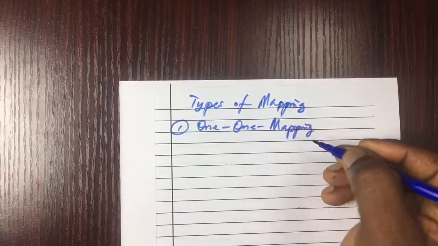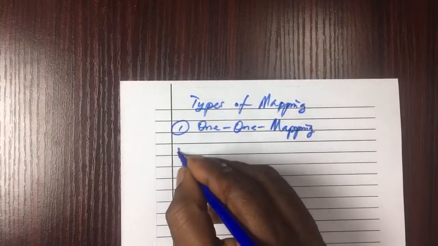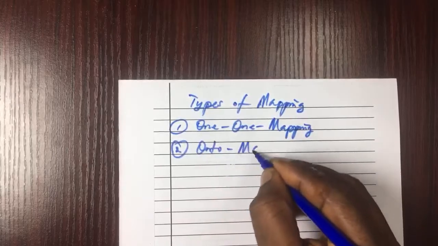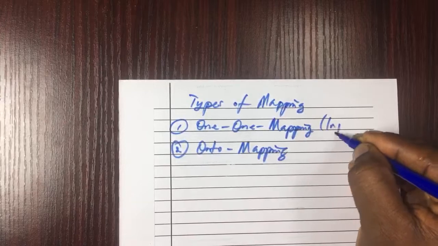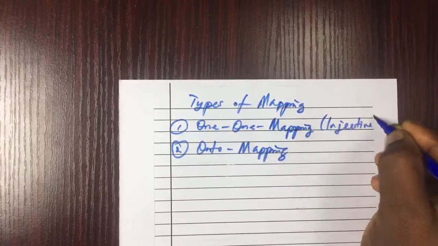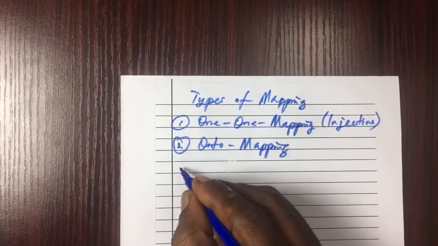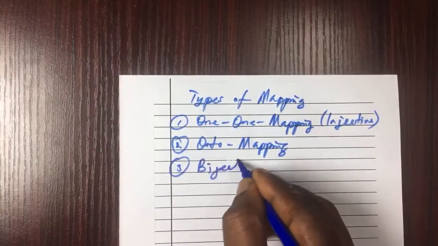Two, we have the onto mapping. Now this one-to-one mapping is usually called an injective mapping. So if you don't want to call it a one-to-one mapping, you could call it an injective mapping. Then the third type of mapping is called a bijective mapping.